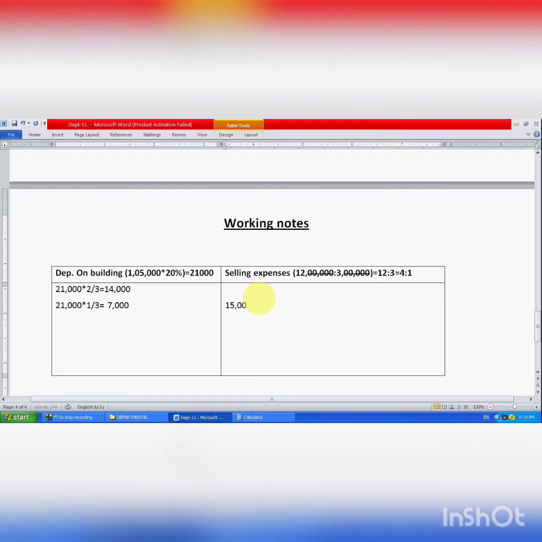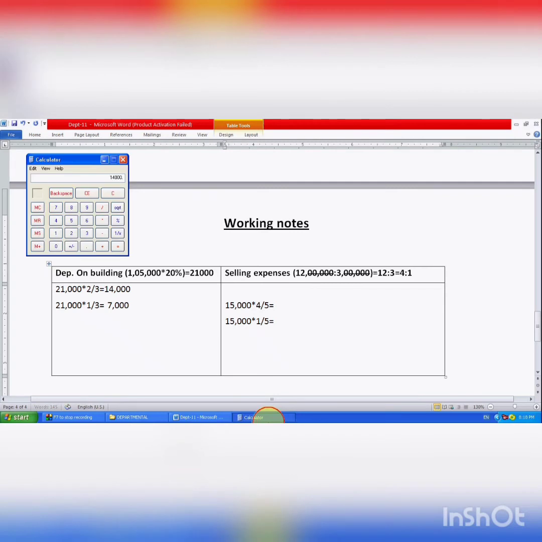So divide selling expenses 15,000 into 2 divided by 3 is equal to, here 15,000 into 1 divided by 3 is equal to, okay, if you divide 15,000 by 3 it becomes 10,000, but sorry, by mistake it's not 2, it's 4 divided by 5, and 1 divided by 5. 4 by 5, 1 by 5 means you have to calculate on calculator.